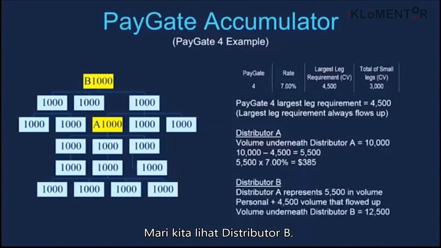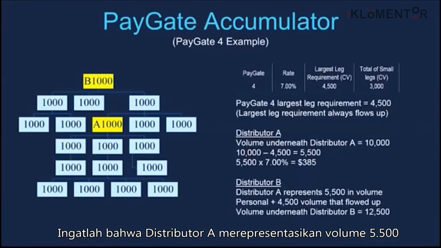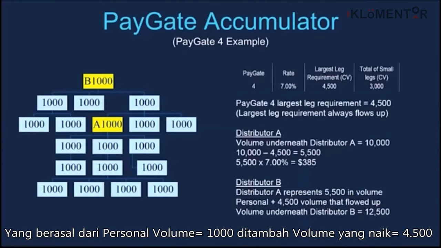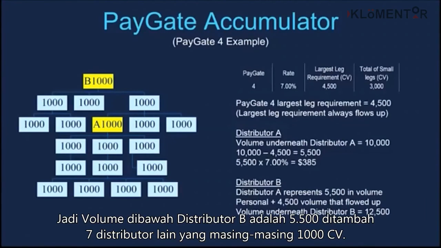Now let's take a look at distributor B. Again, remember, distributor A now represents 5,500 in volume. They've got their personal volume of 1,000, but they also represent the 4,500 in volume that has flowed up to that level. So the volume underneath distributor B is now 5,500 plus there are 7 other distributors, each with 1,000 CV.